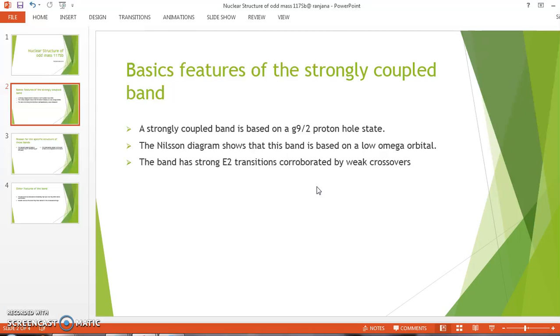One of the most important characteristics of this band is that it has strong E2 transitions accompanied by weak crossover M1 transitions.